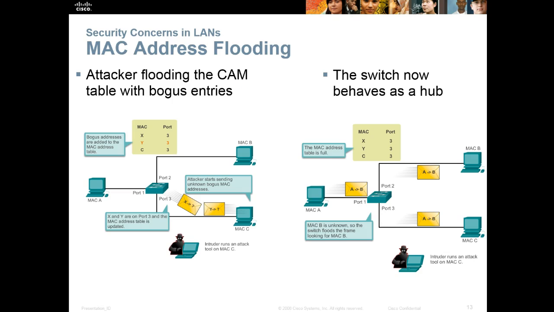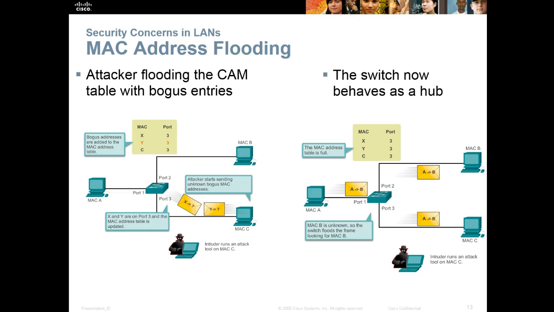And again, security concern: MAC address flooding. We'll talk about it now because that's what happens when it attacks a switch. Remember, all new addresses or MAC addresses that the switch doesn't know get flooded out all ports.